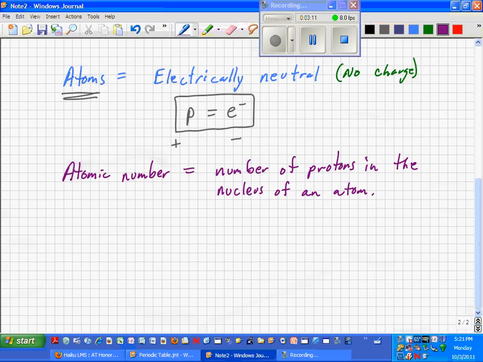If it is truly an atom, then we also know the number of electrons, because when an atom is electrically neutral, the protons is going to be equal to the electrons.